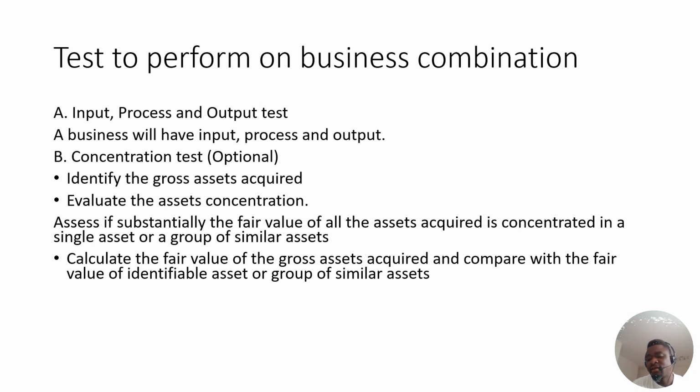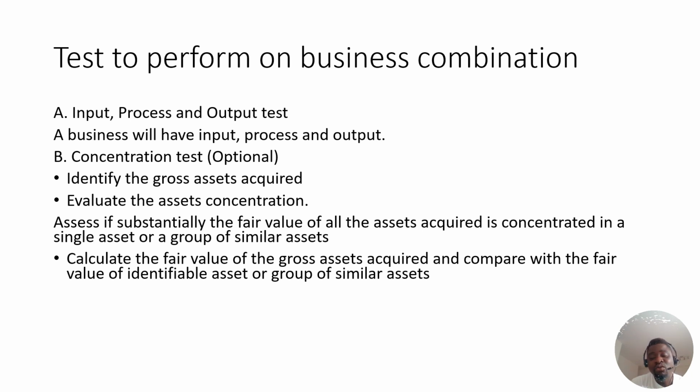Let me use an example of a typical gas plant. A typical gas plant will have what we call compressors and other assets. So when you go to that plant and acquire, let's say, a list of some assets, and those assets are concentrated and similar, in that case we may not see it as a business combination because it's only an asset.